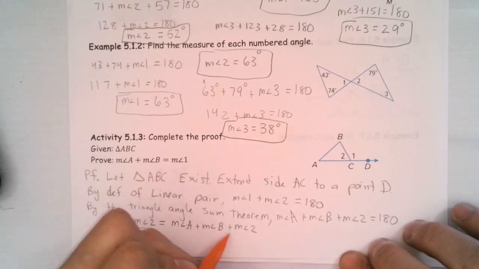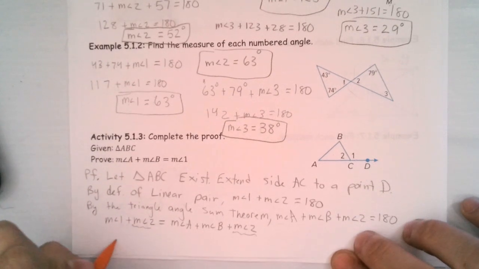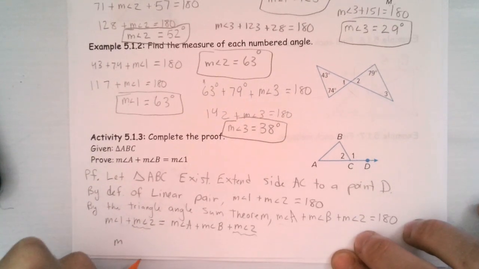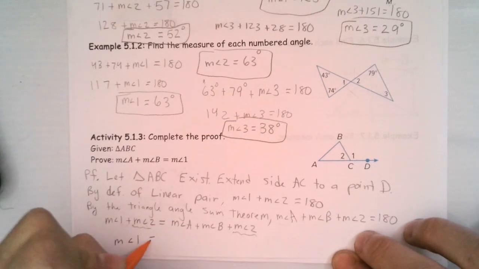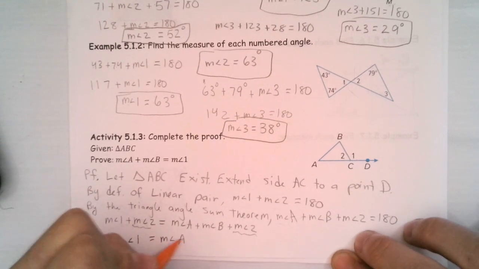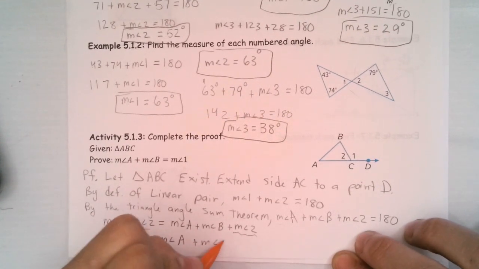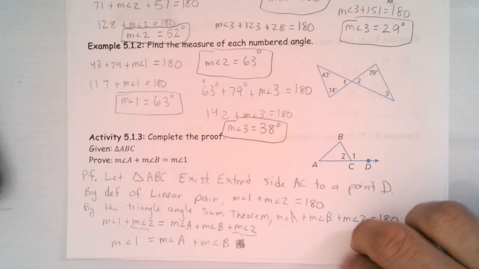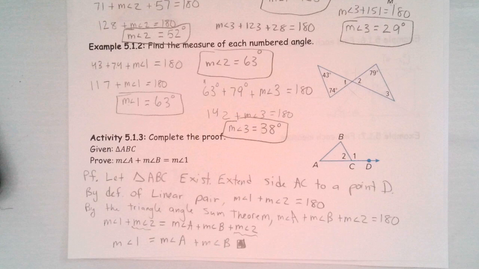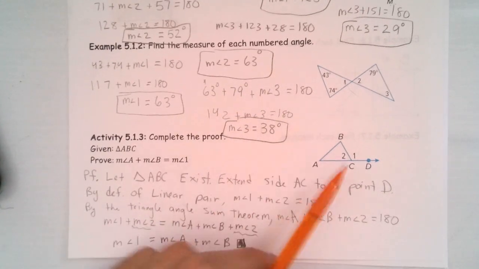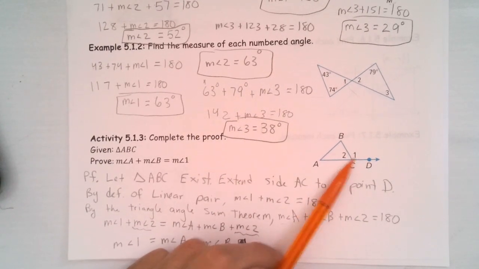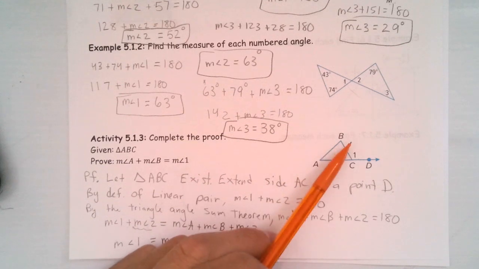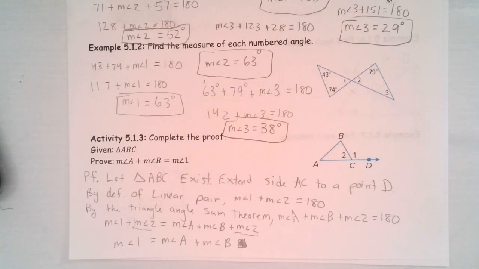Right? This measure of angle 2. And so we can subtract that from both sides. We end up getting our answer. The measure of angle 1 equals the measure of angle A plus the measure of angle B. And hence it's shown. That's the proof. This is a great result. So it's saying that this exterior angle is the same as the sum of these two remote interior angles.